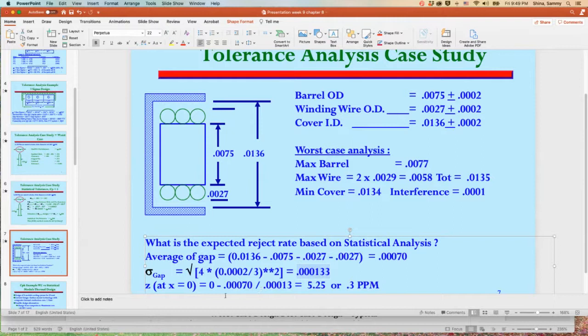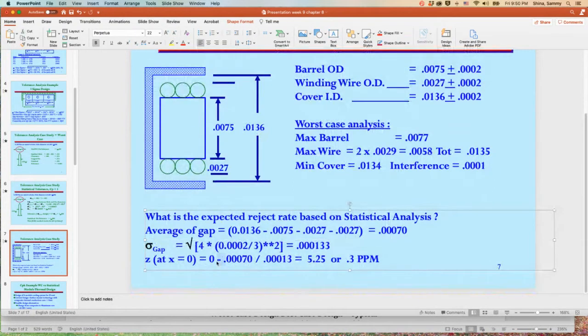So the Z is computed at x equals 0, because that's when the two mate exactly. The nominal of the gap is 0.0007, the standard deviation of the gap is 0.000133, and we found that by the root mean square of the individual component sigmas. So it turned out that this is a 5.25 sigma design.